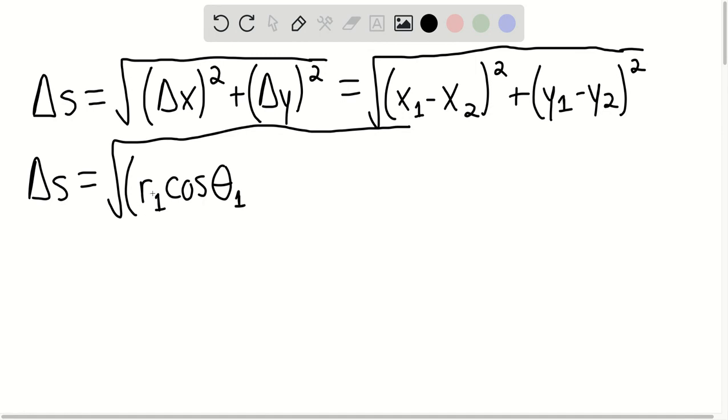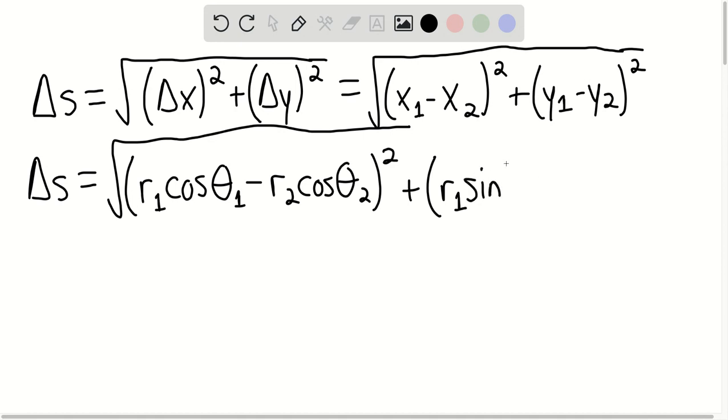So this would be essentially the r distance from the origin times the angle that you are making with the positive x-axis) minus r sub 2 cosine of theta sub 2, quantity squared, plus (r sub 1 sine theta sub 1 minus r sub 2 sine theta sub 2), quantity squared, all under the square root.